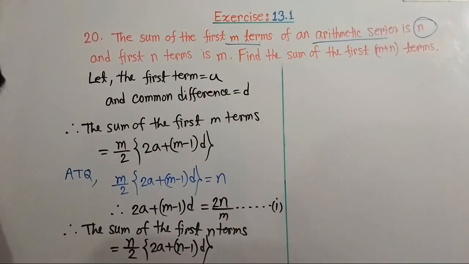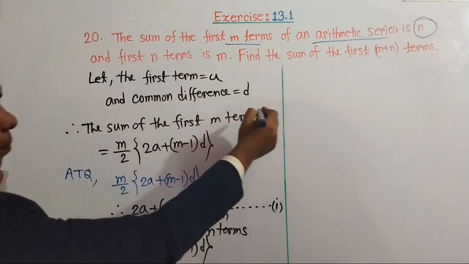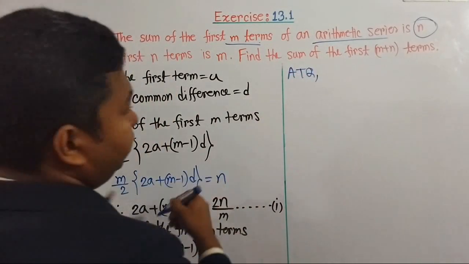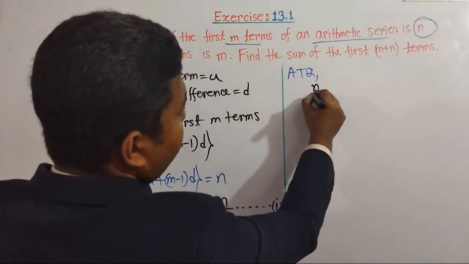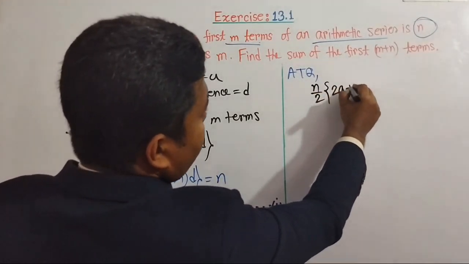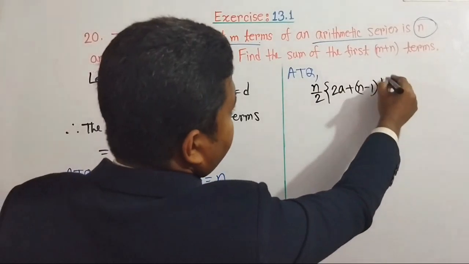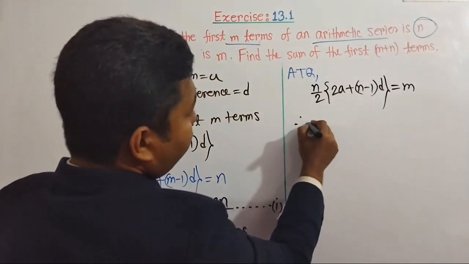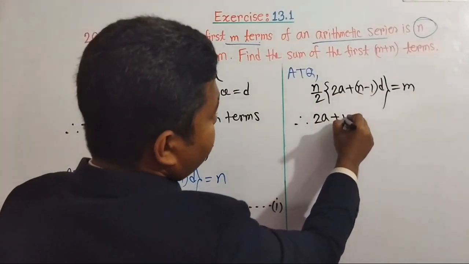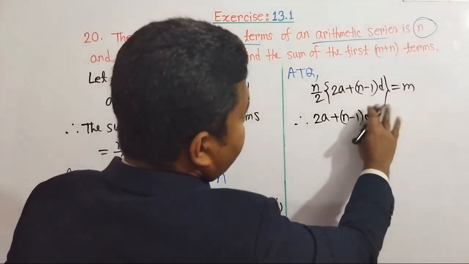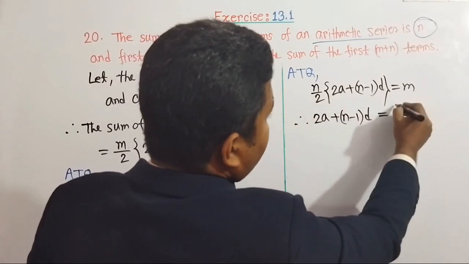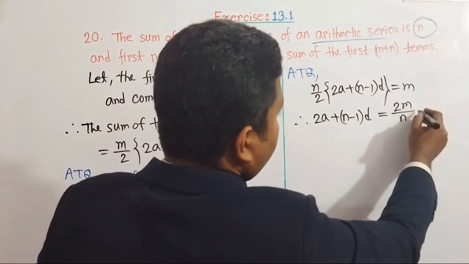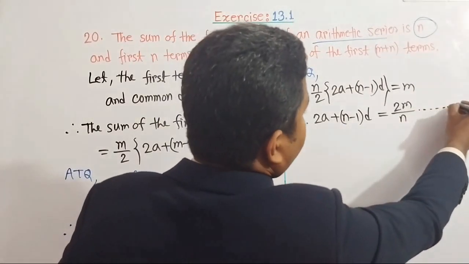So according to the question, n by 2 into 2a plus n minus 1 into d equal to m. Then by calculation we can write 2a plus n minus 1 into d equal to 2m by n. We denote this as equation number 2.